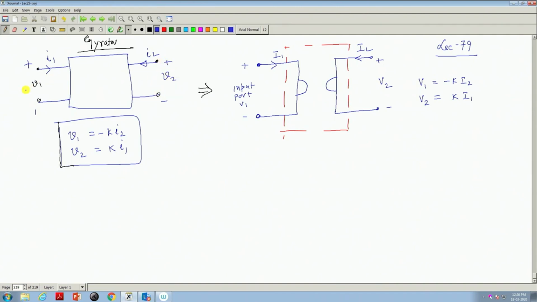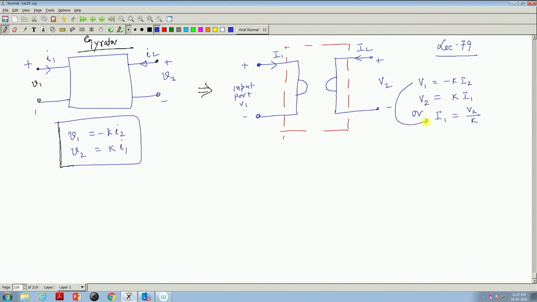These things we have done, but let us do it mathematically in just one step: this equation can be written as I1 equal to V2 by k.